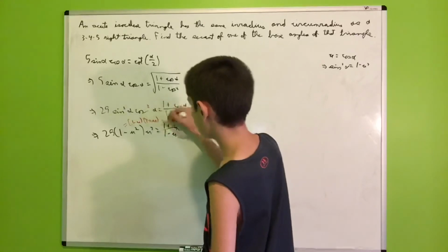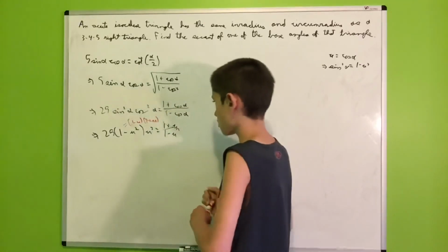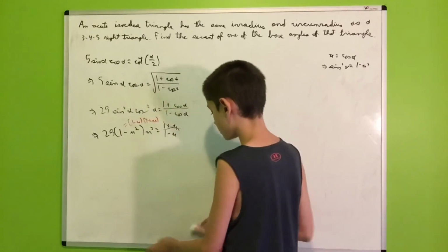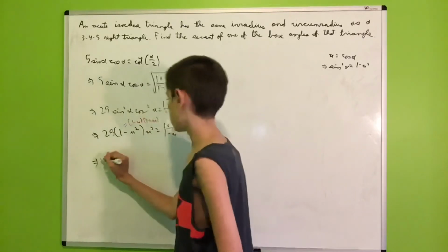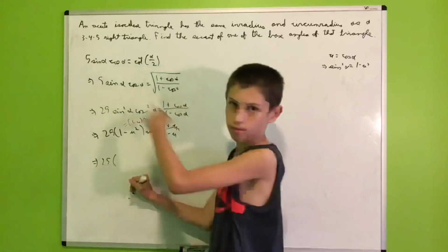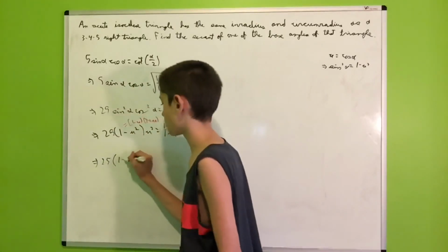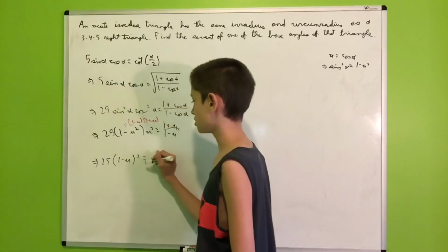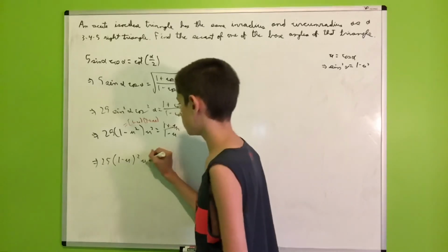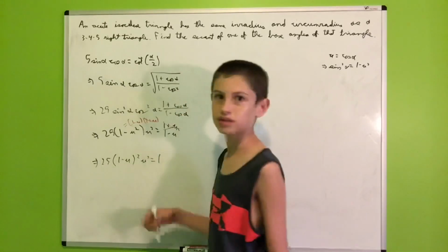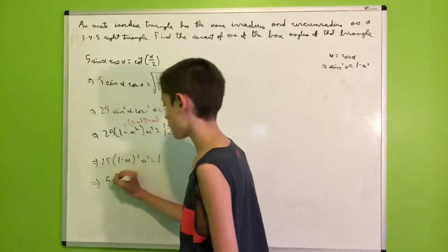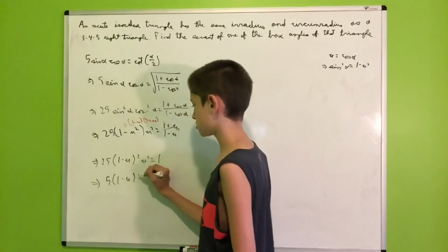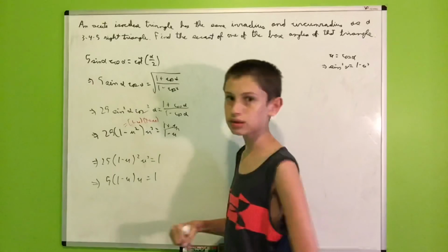The 1 plus u terms will cancel out, and bringing everything to the left hand side, we get that 25 times the 1 minus u's will combine together to make 1 minus u squared times u squared is equal to 1. Taking the positive square root on both sides, we get 5 times 1 minus u times u is equal to 1.